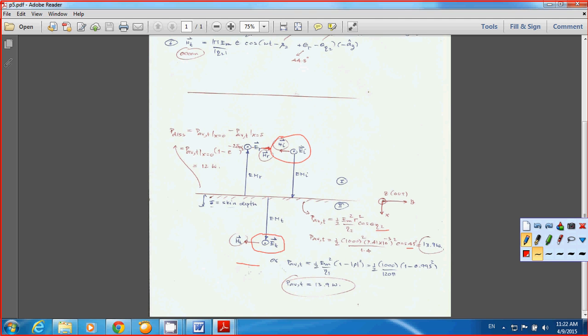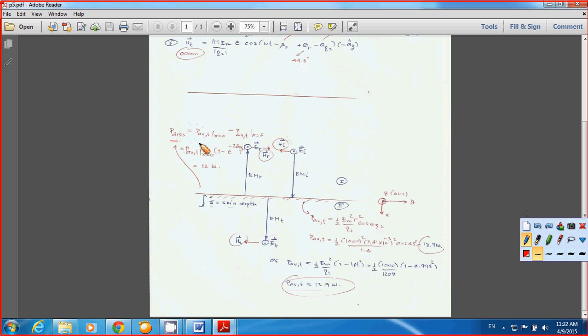And if you use another equation to calculate, because your tau square is simply 1 minus the magnitude of the reflection coefficient square, you can represent the PAV average of the transmitted wave by this equation as well. When the magnitude of rho is 0.995, squared, you end up with the same number for the P average of the transmitted electromagnetic wave.